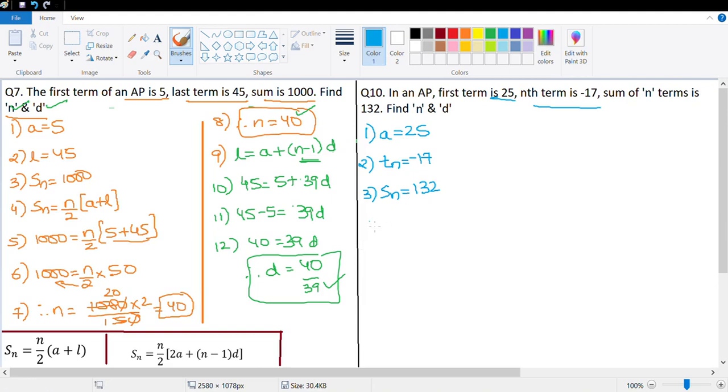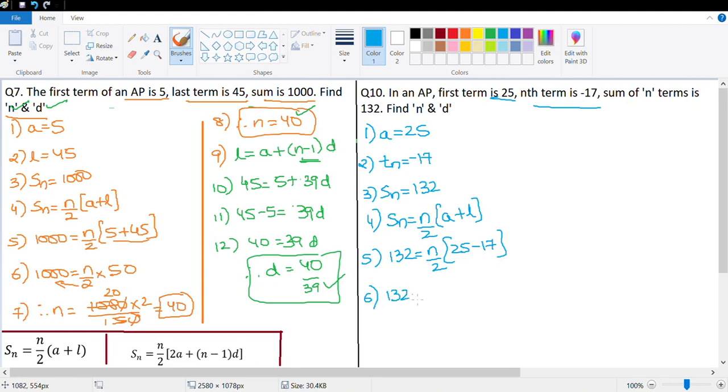I know the sum of n terms can be calculated as n by 2 times a plus l, right? Which means sum of n terms 132 is equal to n by 2 times a, which is 25, and last term in this case negative 17.